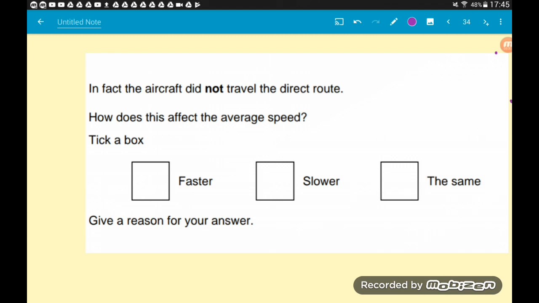So it's gone a greater distance in the same amount of time, which means it's going to have gone faster. So the average speed would be faster because the aircraft has gone a greater distance in the same amount of time.